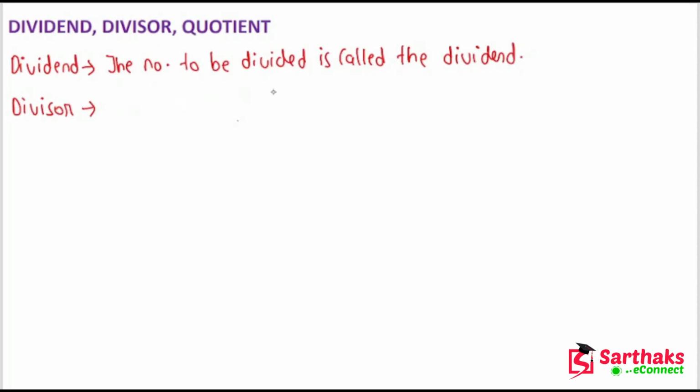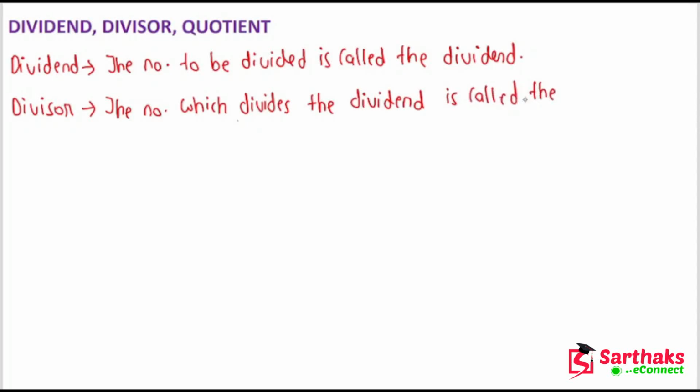What do we mean by divisor? Now if something is getting divided, there must be someone who must be dividing it. So the number which divides the dividend is called the divisor.